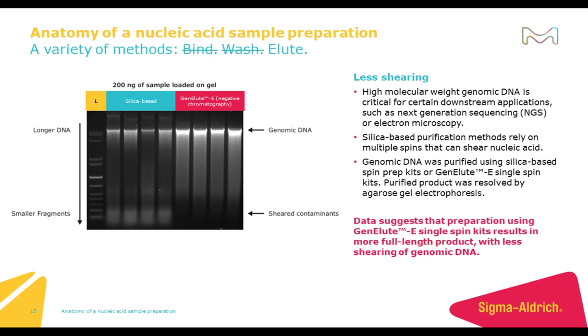As you can see, there's more full-length product on the electrophoresis gel for the GenElute E purified nucleic acids. Additionally, these smaller fragments that could potentially be due to shearing of the nucleic acids are often included in yield calculations and can give a false sense of how much template is being used in downstream workflows.